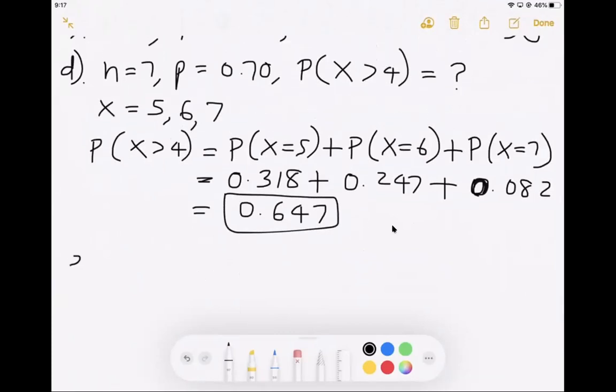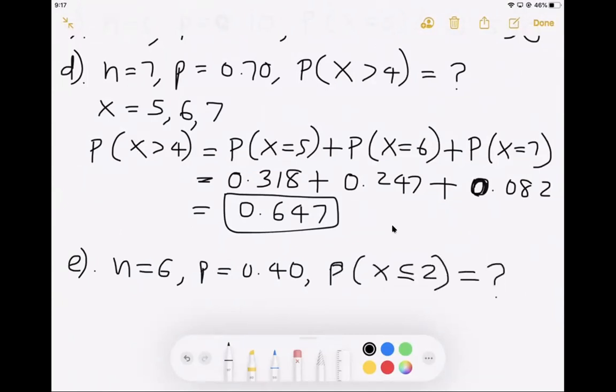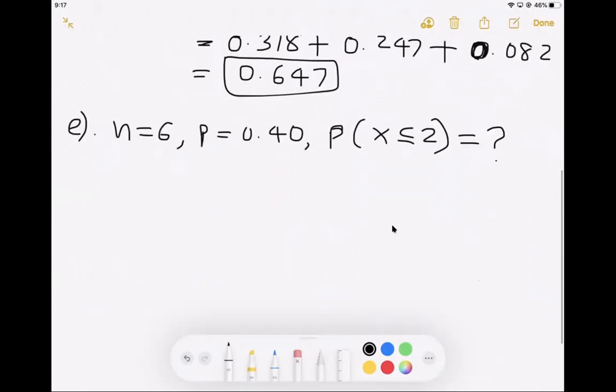Okay, now part E. Here n is 6, p is 0.40, and you want to find x is less than or equal to 2. The first thing, if you see an inequality, you have to recognize what the corresponding x values are.